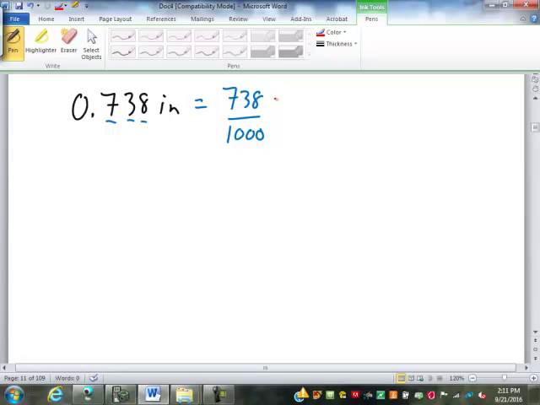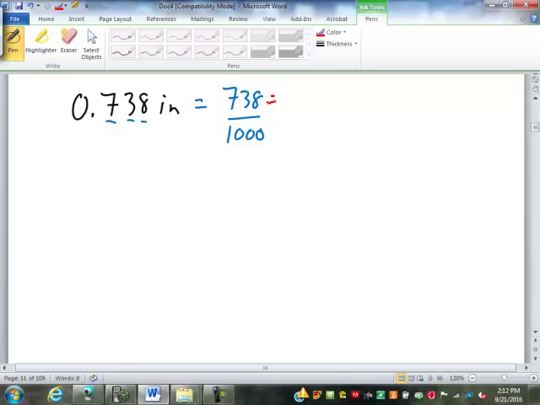So it's 738 thousandths. Remember, we discussed our decimals are nothing more than an abbreviated way or a shortcut way of expressing fractions that have those denominators that are powers of 10. So 738 thousandths. Of course, we wouldn't leave it like that as a fraction. We would reduce it.